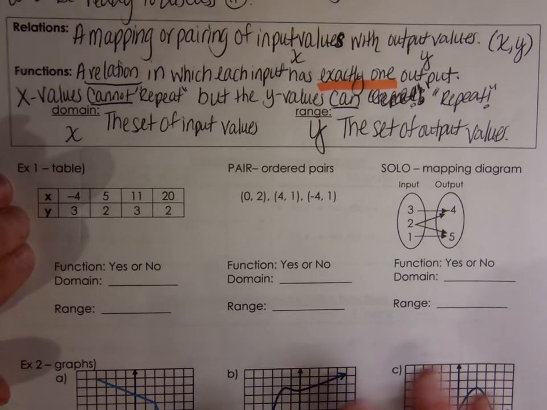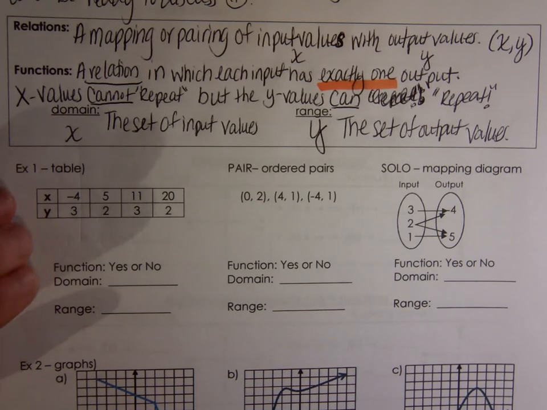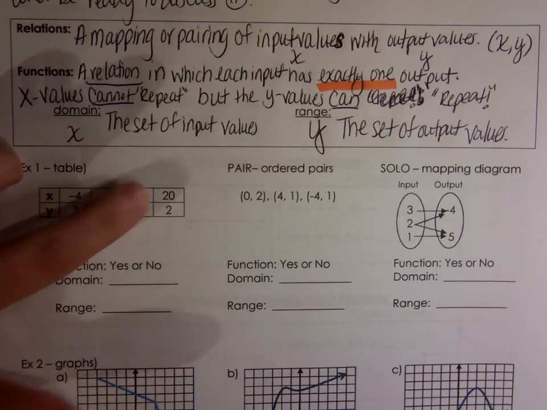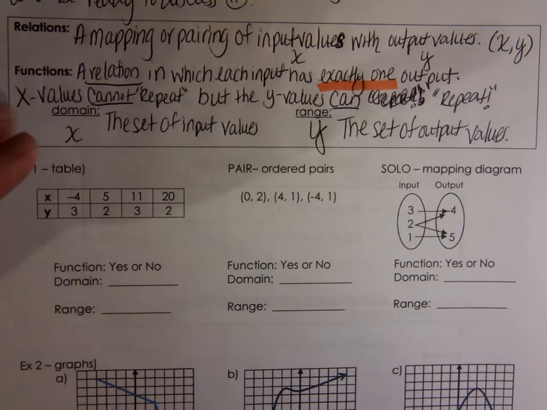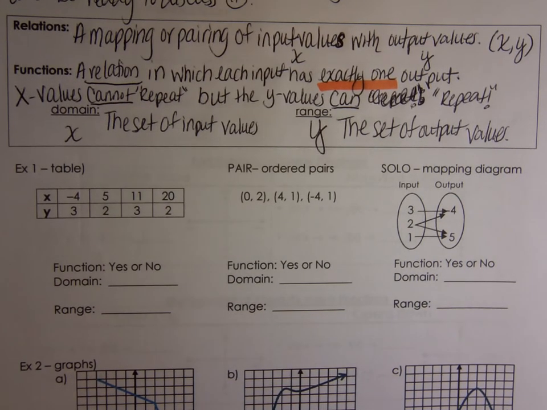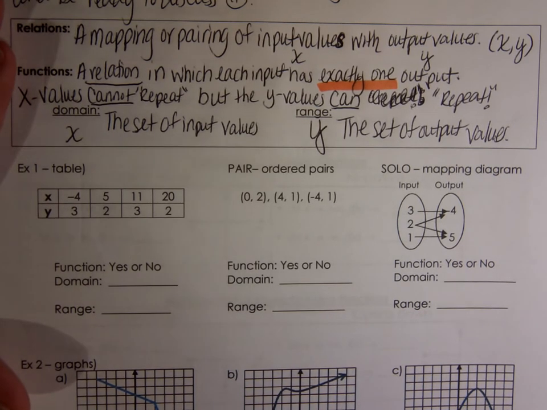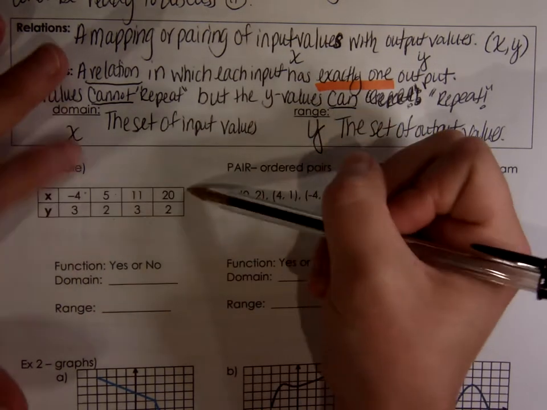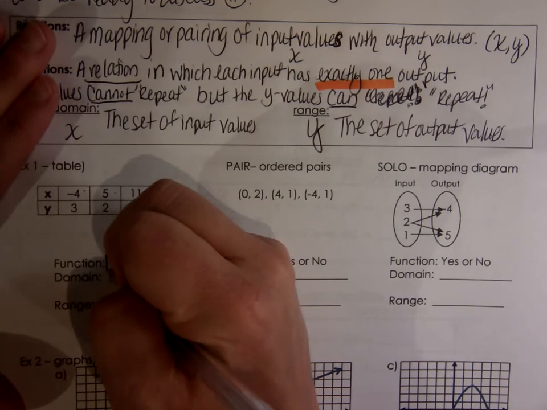Now, in this table, we have -4, 3, 5, 2, 11, 3, and 20, 2. Do the X values repeat? No, they do not. So because the x values do not repeat, that means every input has exactly one output. So therefore, yes, this is a function.